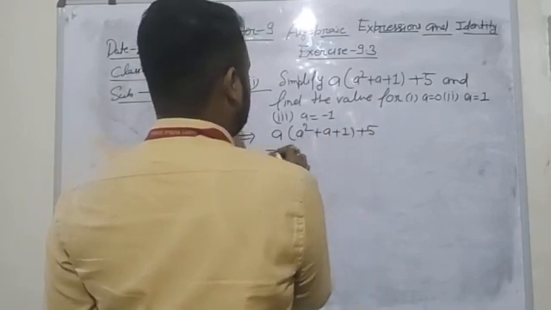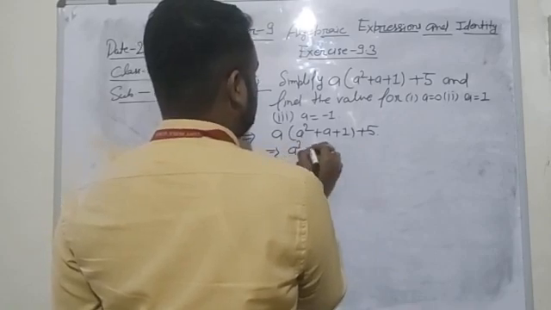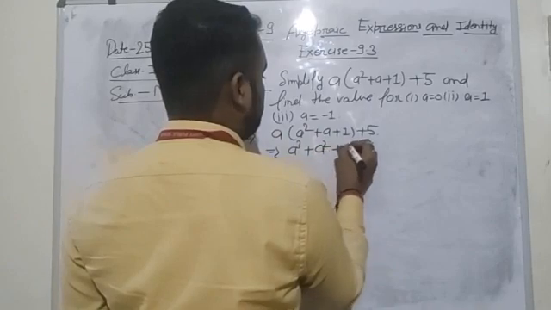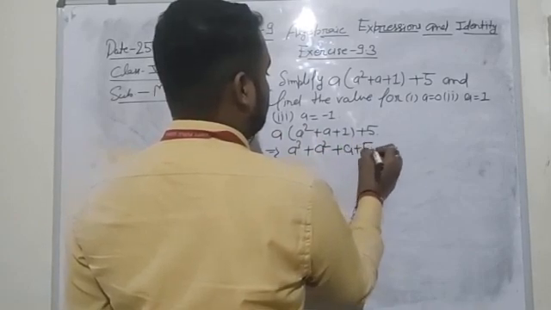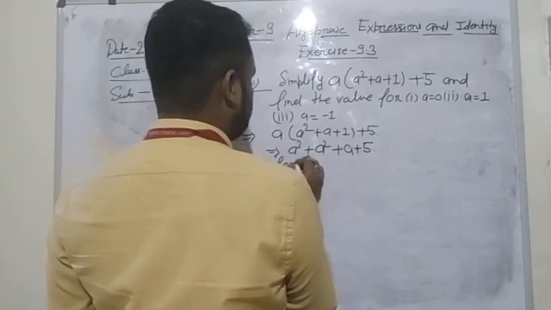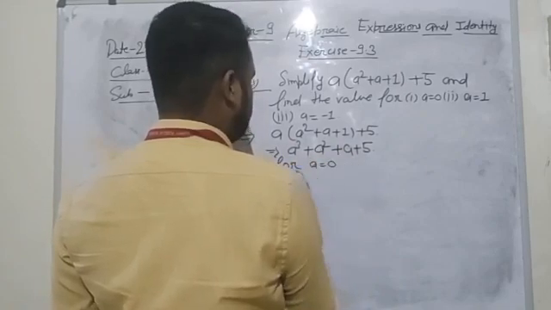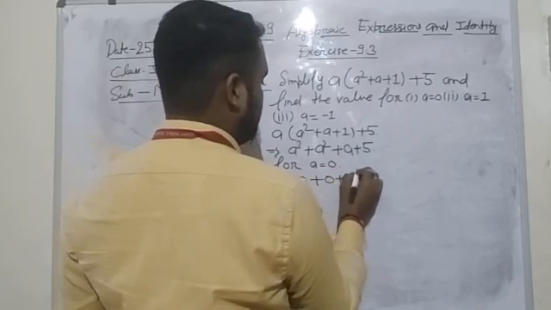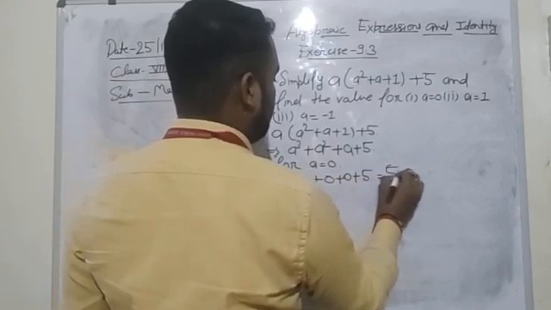a into a² gives a³, plus a into a gives a², a into 1 gives a, plus 5. For a equals 0: 0 plus 0 plus 0 plus 5, that is 5.